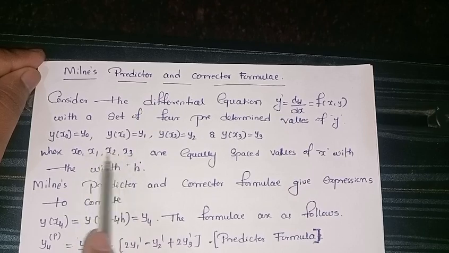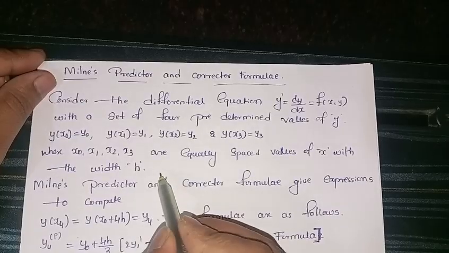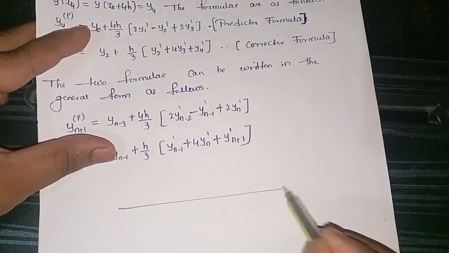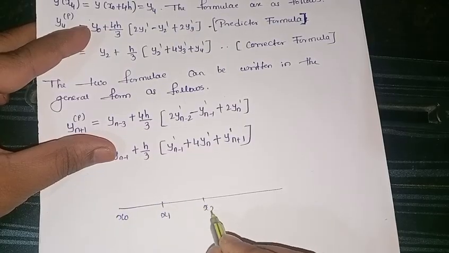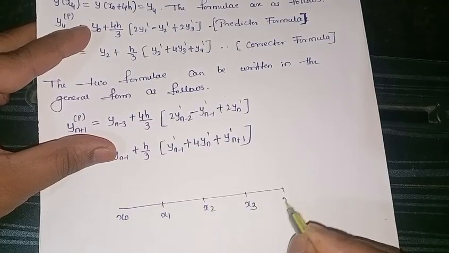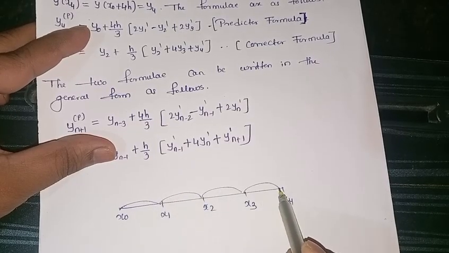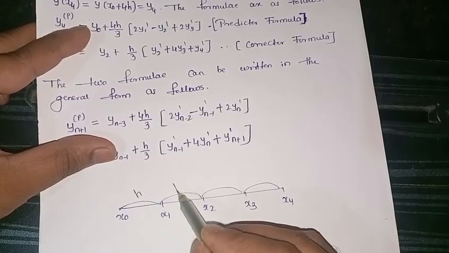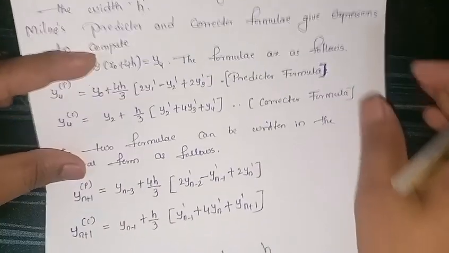That distance is nothing but h. If I wanted to show it here, suppose this is x0, this is x1, this is x2, this is x3, this is x4. For every interval we have this gap or length, which is nothing but h. This is also called width.